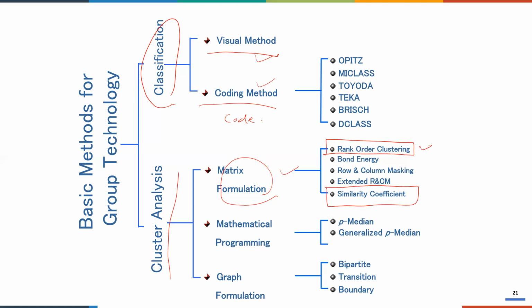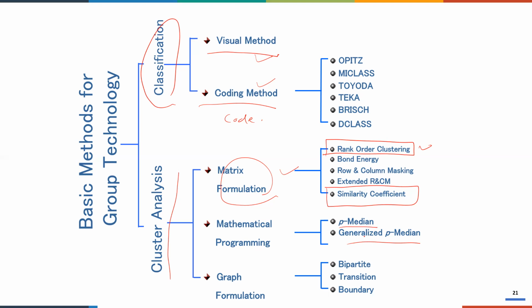And if you cannot find it in the literature or the book, then maybe you can find it in a journal. Maybe they will have a better explanation, because some of these methodologies were developed by researchers, and they first published them in a journal paper. Another way to do group technology is by modeling it as a p-median problem or generalized p-median problem, so it's more like a location problem.